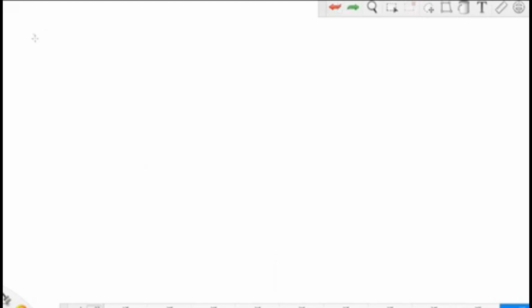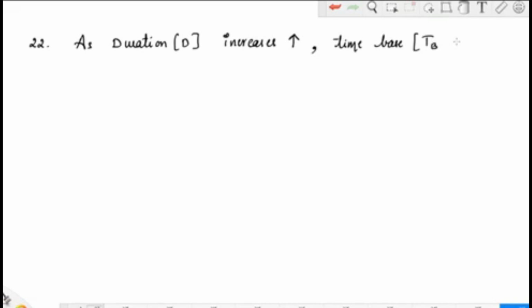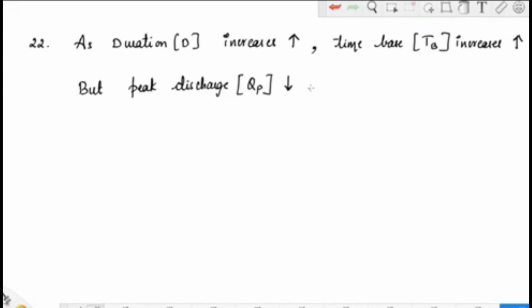22. As duration increases, time base increases, but peak discharge QP decreases and peak is shifted to right side.